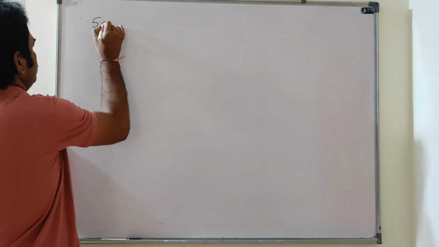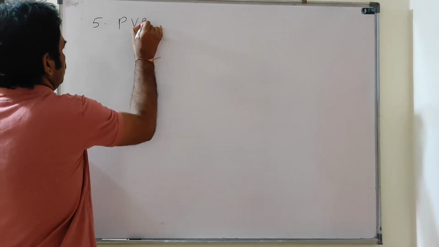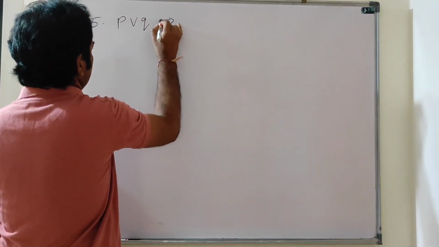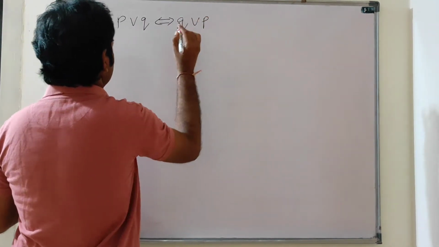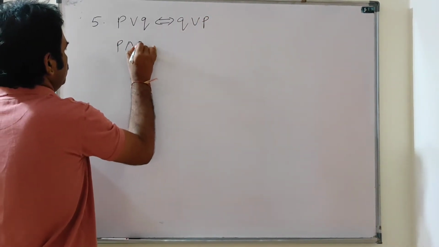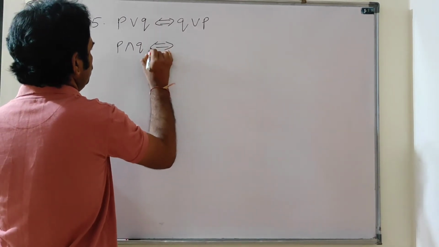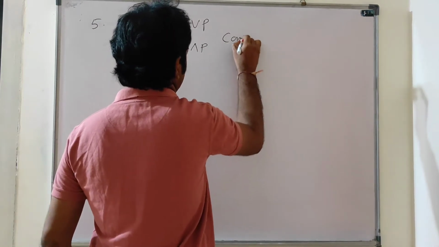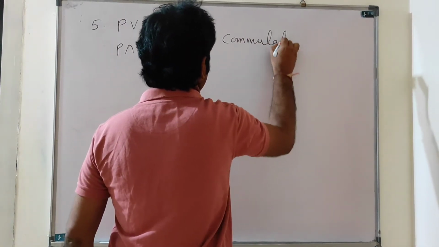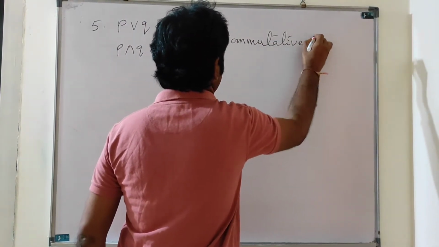Next, P or Q is logically equivalent to Q or P. P and Q is logically equivalent to Q and P. These are known as commutative laws.